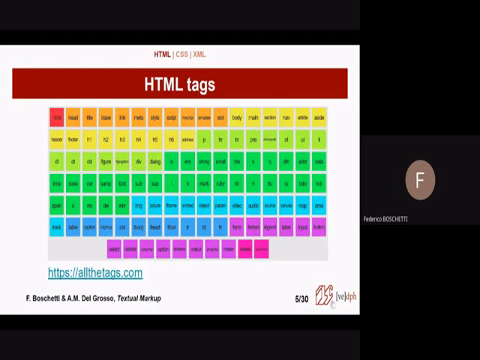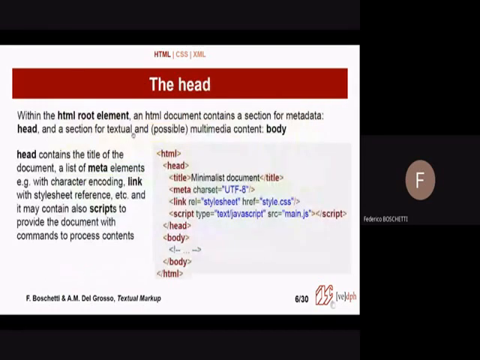First of all, the head of an HTML document. Why? Because a document always has a root that is the HTML root element, okay? And then it is divided into a head, in which you can find metadata, and a body, in which you find all the content of the document.